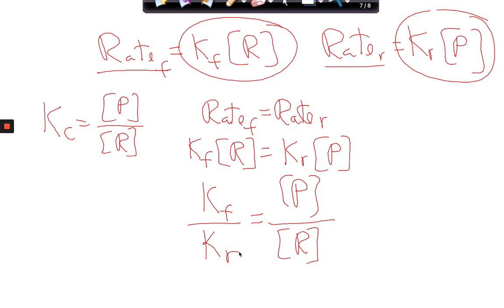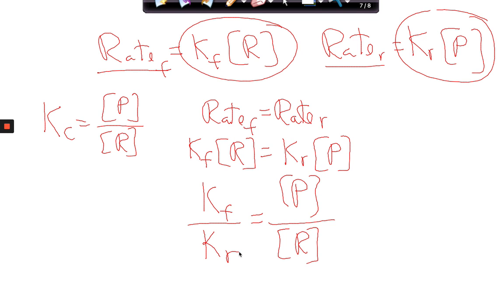Guys, with that said, grab your books and open up to the first page of chapter 15. So guys, turning to page 613.